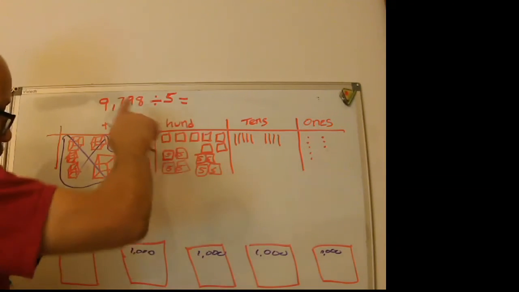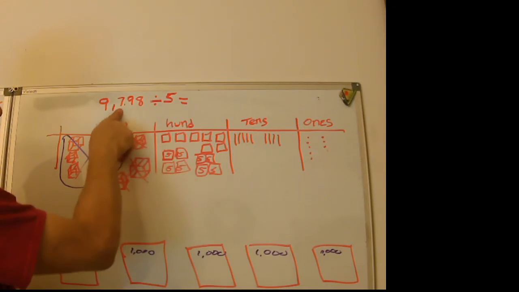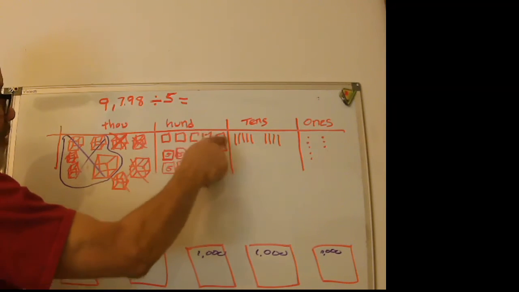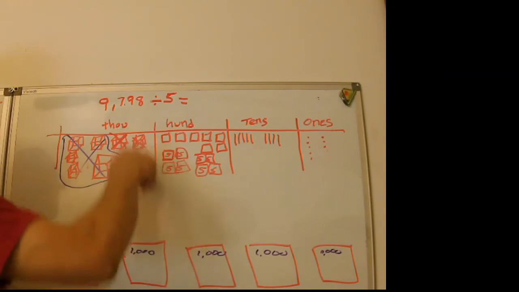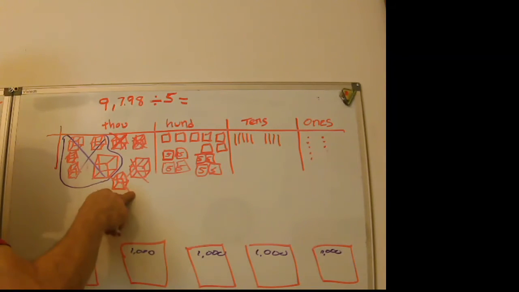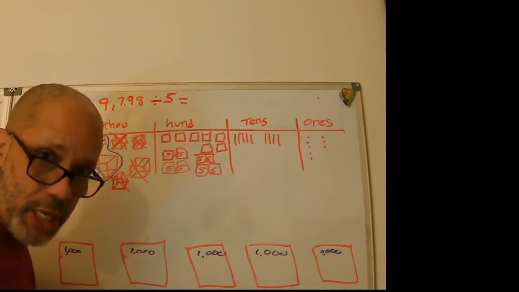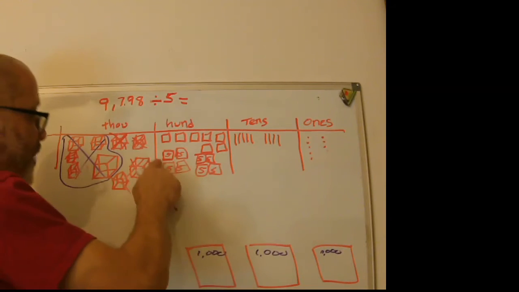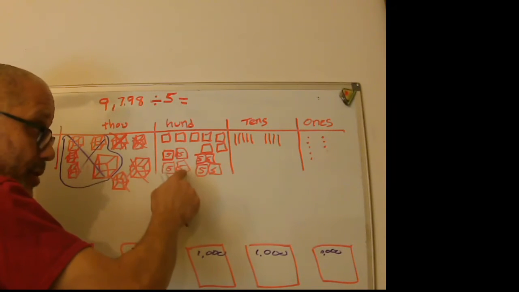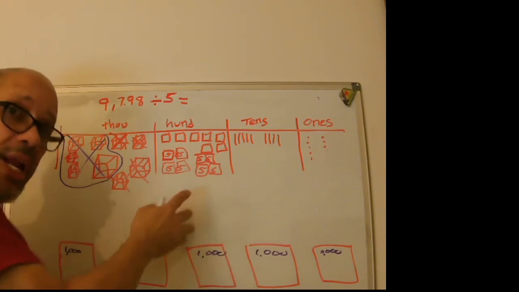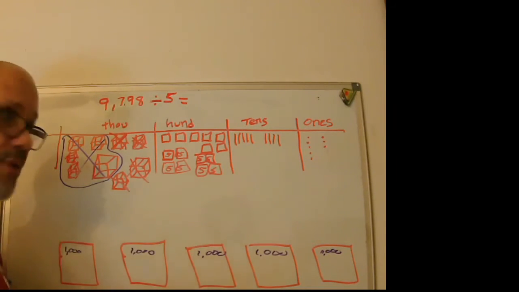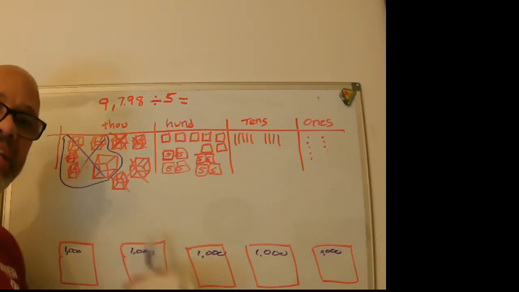We started with 7 hundreds, right? 1, 2, 3, 4, 5, 6, 7. We decomposed 4 thousands into 40 hundreds. 5, 10, 15, 20 hundreds plus 5, 10, 15, 20 hundreds is 40 hundreds. Plus the 7, we have 47 hundreds.